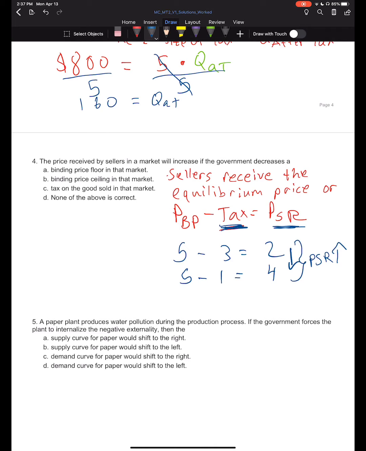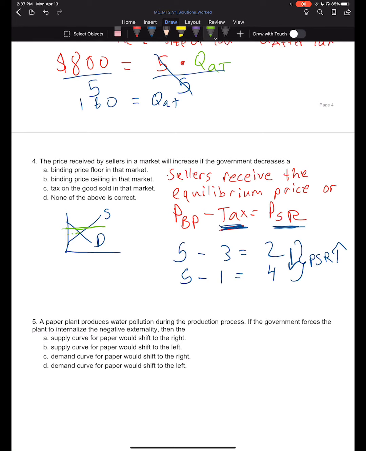Well, let's go ahead and look through these examples and see if that's a possible solution. Binding price floor in that market. Well, when we put a binding price floor, what does that do? Floors only bind when they're above us, which means if we put that price floor in here, what's happened to the price that sellers receive?